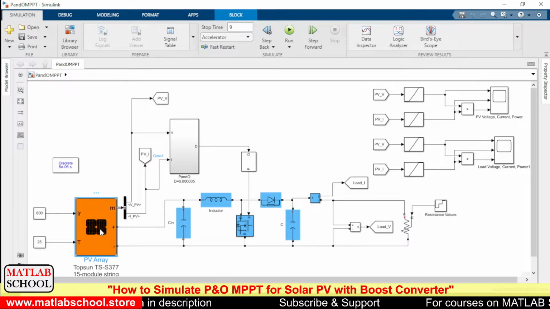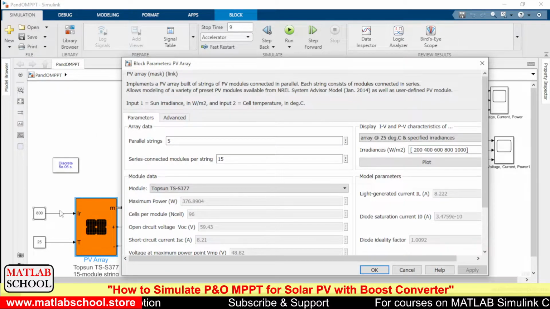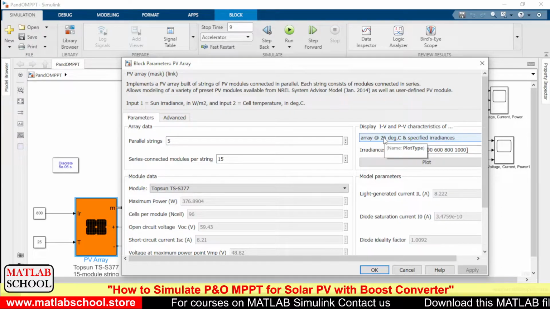So irradiation is 800 and the temperature is 25. For that, the maximum power that we can get is around 22,000.